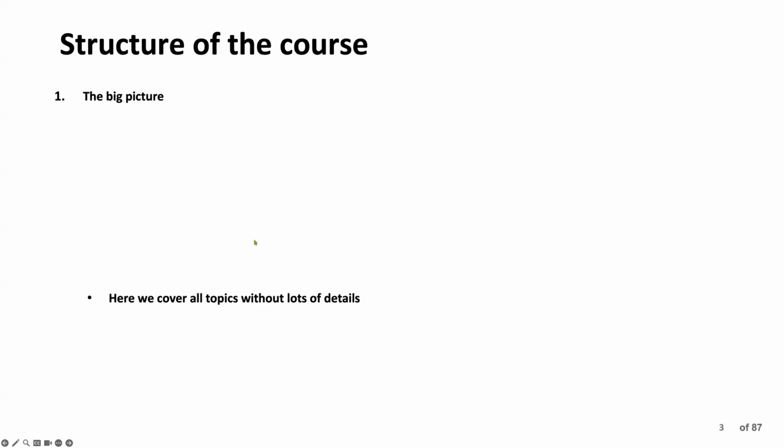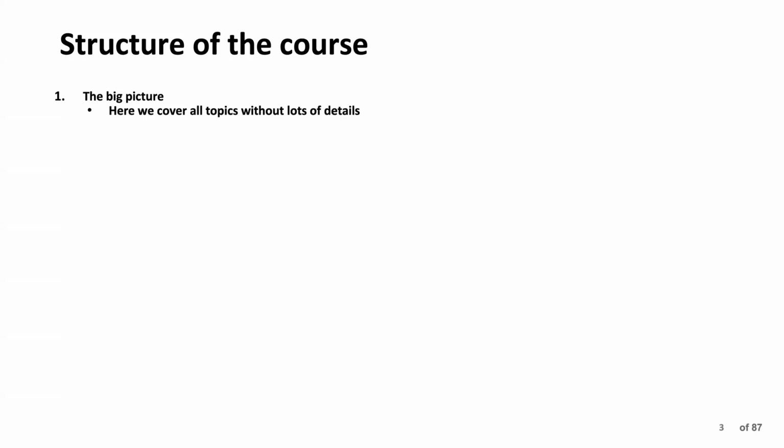So here's the structure of the course. Today is lecture one, and we're going to do what I call the big picture. I'm going to tell you everything that we're going to cover in this class with very little detail.